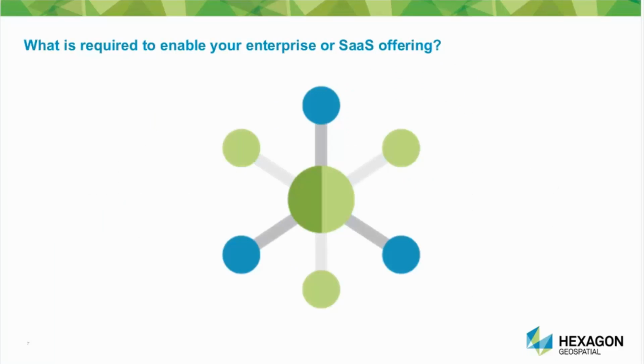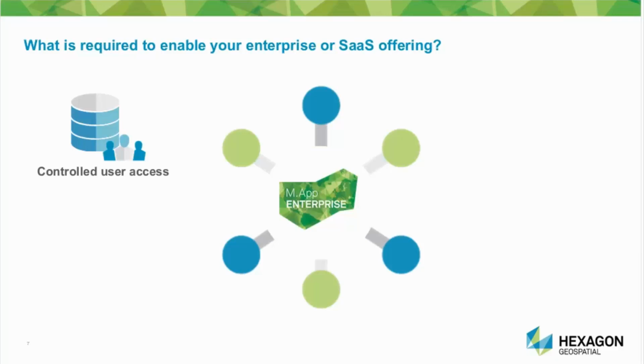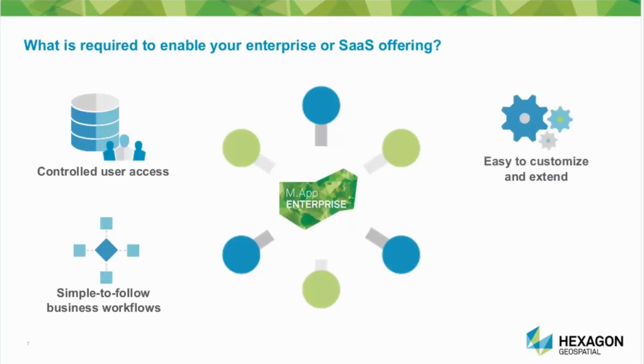What is required to enable your enterprise or your SaaS, software as a service, offering is, first off, to control user access. Then to build simple-to-follow business workflows, again targeting your business needs.